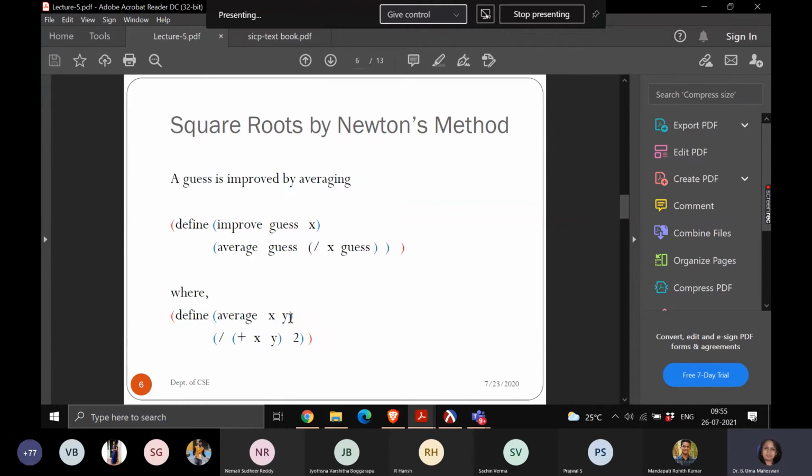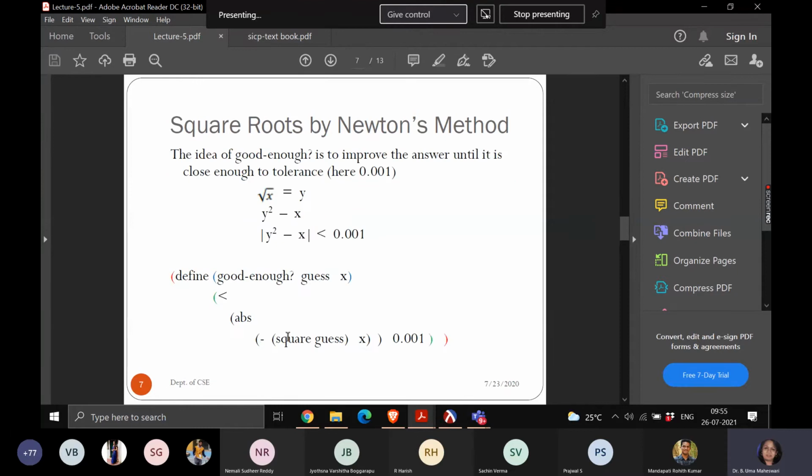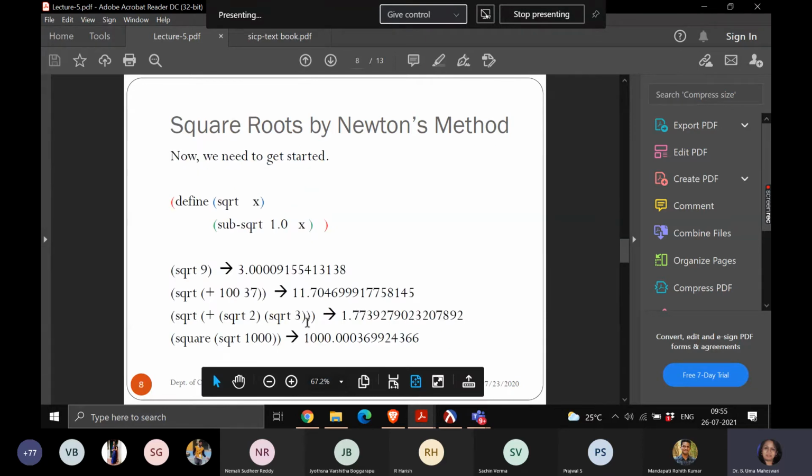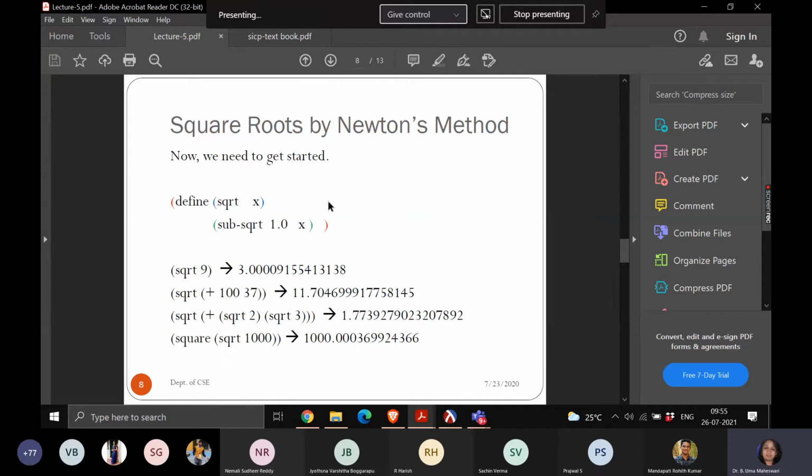And square, y square, also has to be defined. Okay, so the square is defined, and finally our procedure definition is over, and we will call the procedure. My procedure name is SQRT, and I am calling it with 9. I will just give the output.